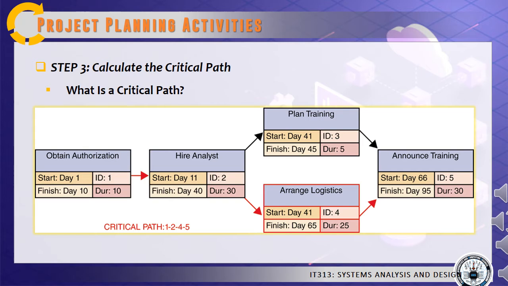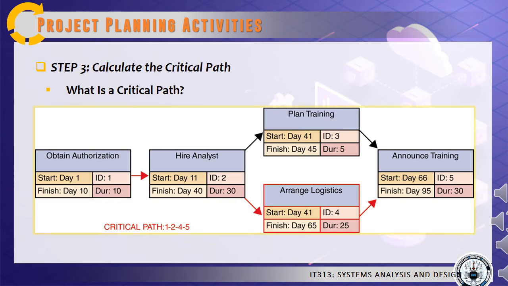The figure shows a training project with 5 tasks. Notice that the analyst has arranged the tasks and entered the important information such as task name, IDs, and durations. First, you should review the task pattern.